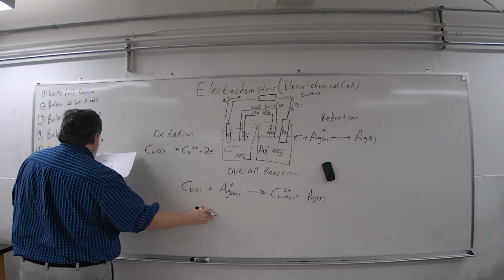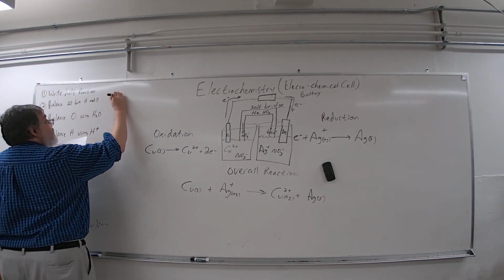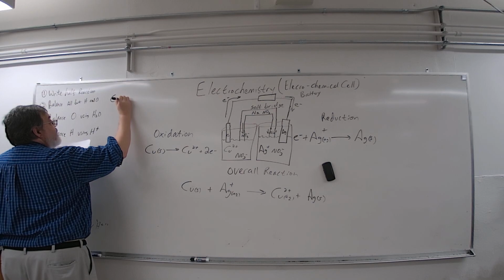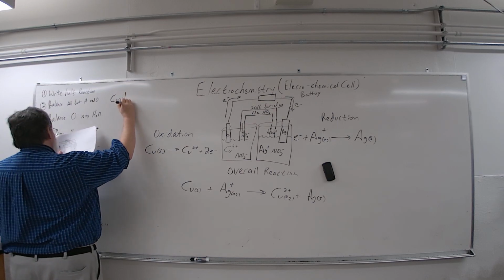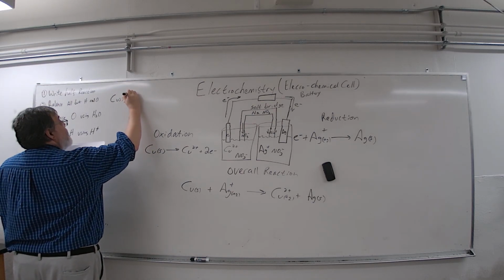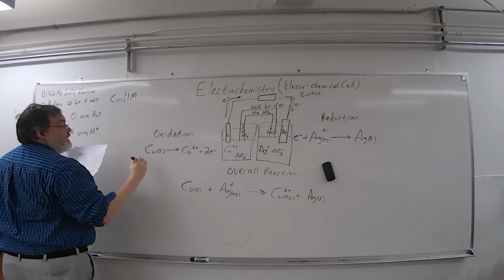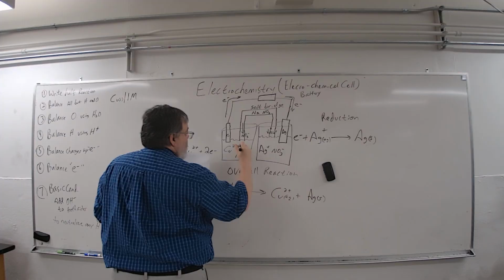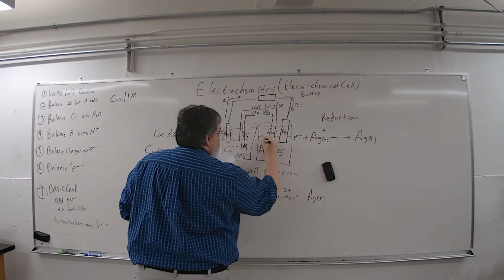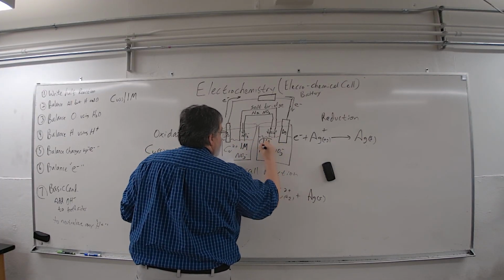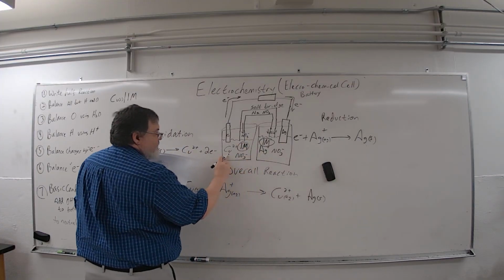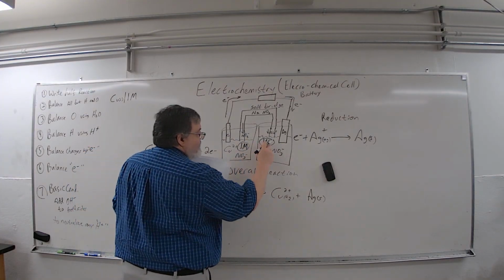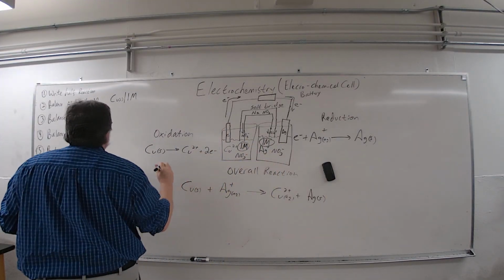There's a summary way to write this. You would go, here's the copper plus, and you do a line. I'm going to say 1M, because for the standard, I'll get to what the standard is in a minute to do calculations. But the standard is always considered to be 1 molar. So this is 1 molar copper nitrate, and this is 1 molar silver nitrate.